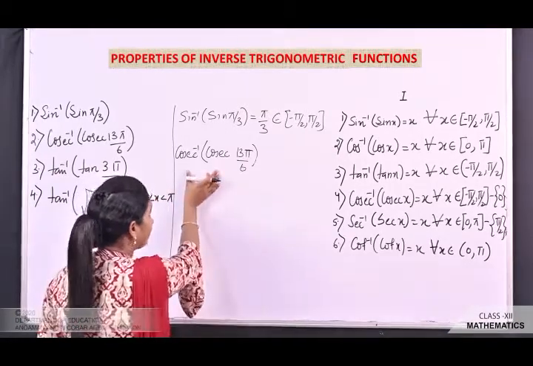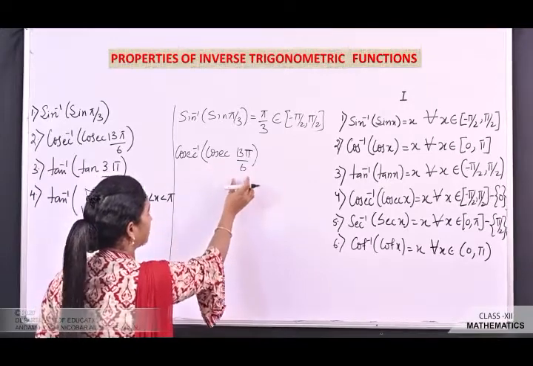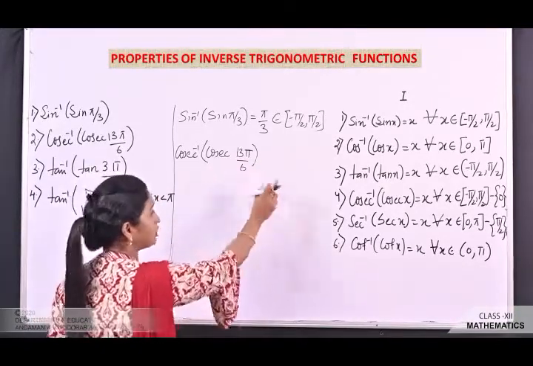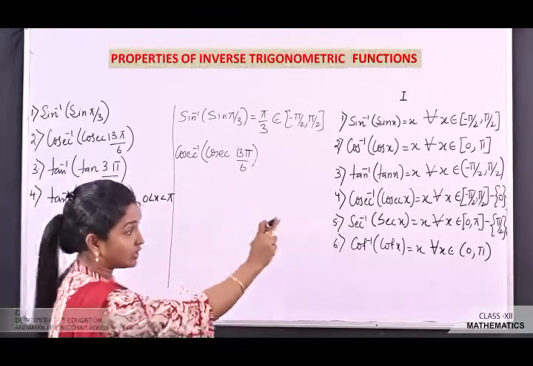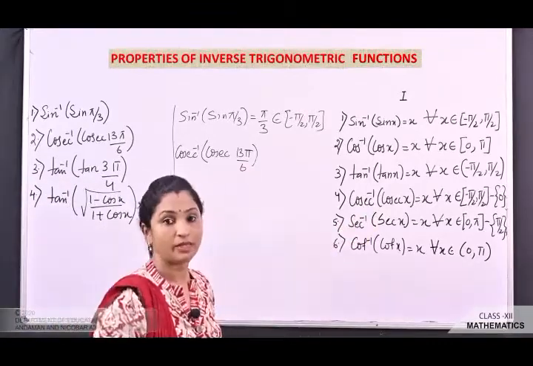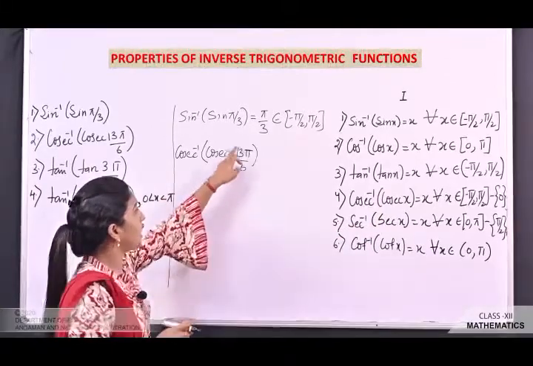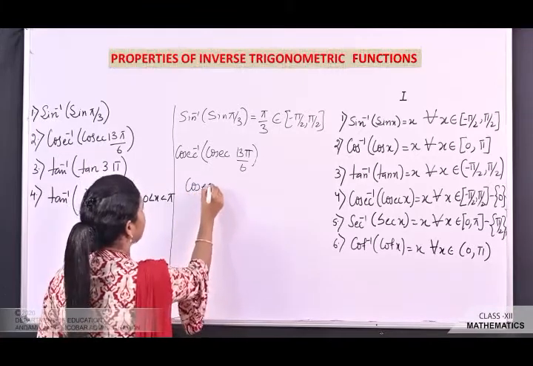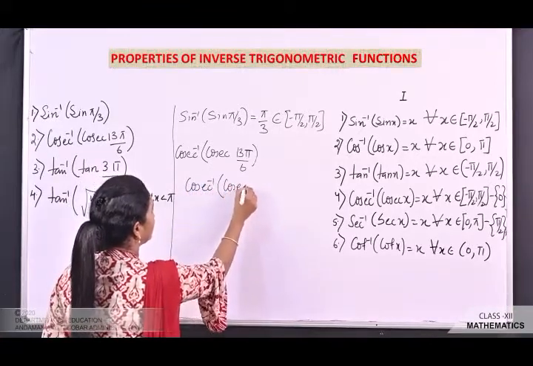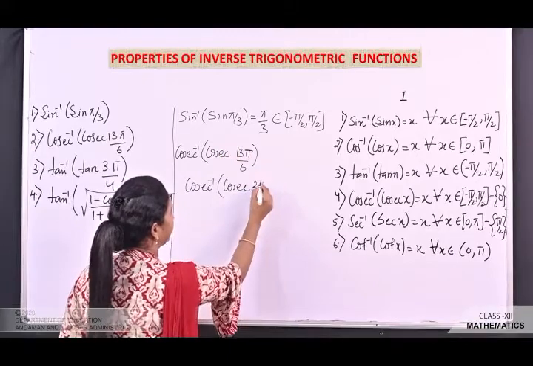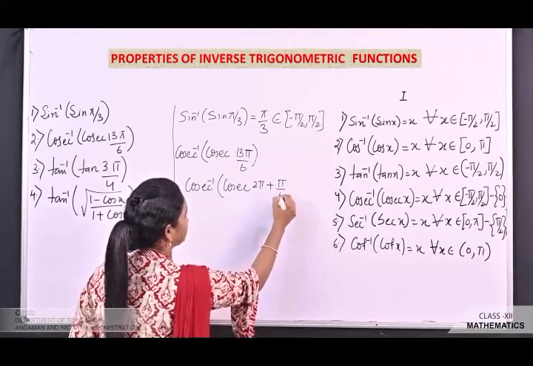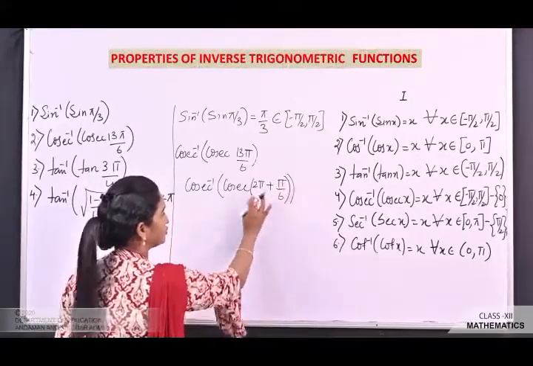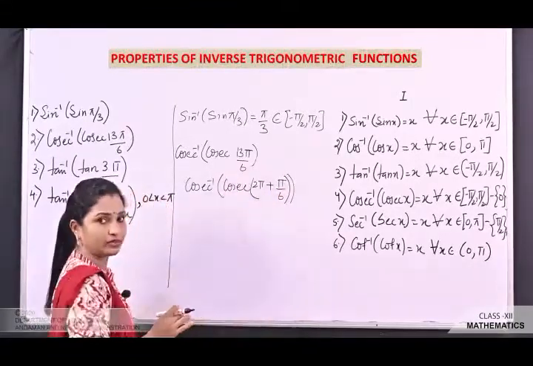So you cannot write down cosec inverse cosec 13 pi by 6 as 13 pi by 6, because 13 pi by 6 will not lie in minus pi by 2 to plus pi by 2. So you have to do some modification here. Now what I am doing here, cosec inverse cosec 13 pi by 6, I am writing it as 2 pi plus pi by 6. When you simplify it, you are going to get 13 pi by 6 only, right?